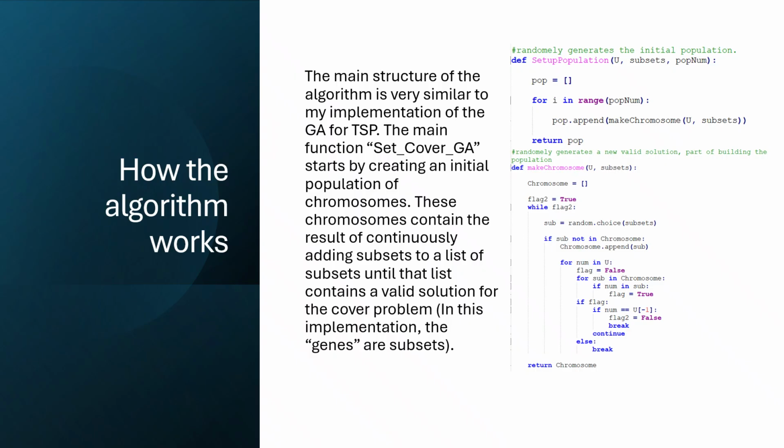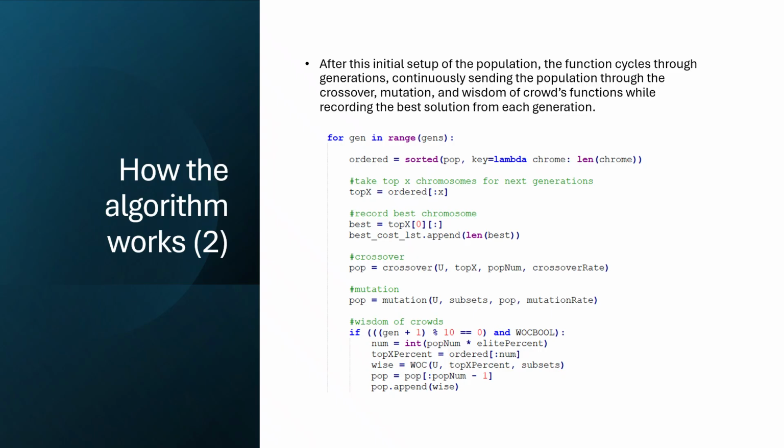These chromosomes contain the result of continuously adding subsets to a list of subsets until that list contains a valid solution for the set cover problem. After this initial setup of the population, the function cycles through generations, continuously sending the population through the crossover, mutation, and wisdom of crowds functions, while recording the best solution from each generation.